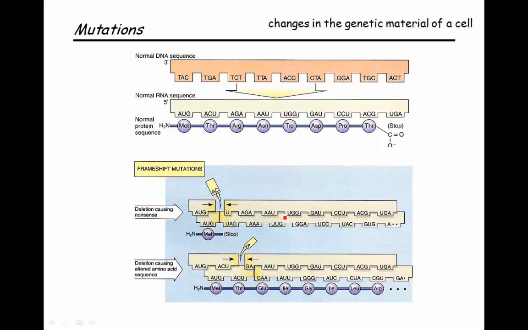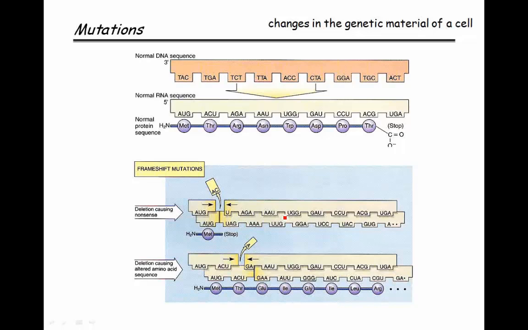Here we see an example where we have a deletion that causes a nonsense mutation. And then on the bottom there, you see a deletion that causes basically a bunch of missense. So now we're changing lots of amino acids that should have been there in the polypeptide that we're making. Know what a mutation is.